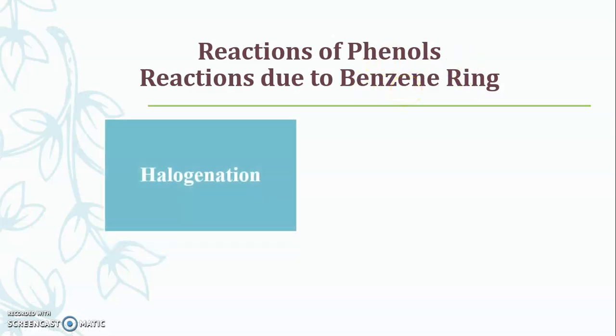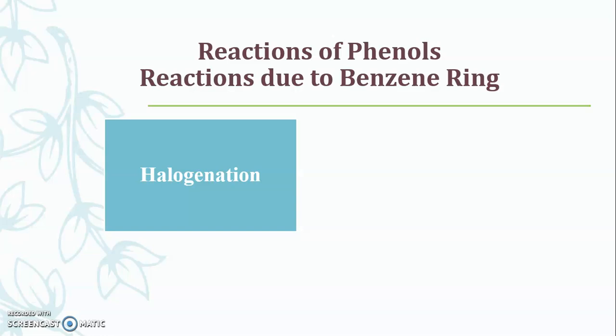First reaction is halogenation. Now we know that benzene is capable of giving electrophilic substitution reaction. Similarly, different aromatic compounds also give electrophilic substitution reaction, and we know halogenation is nothing but an electrophilic substitution reaction.